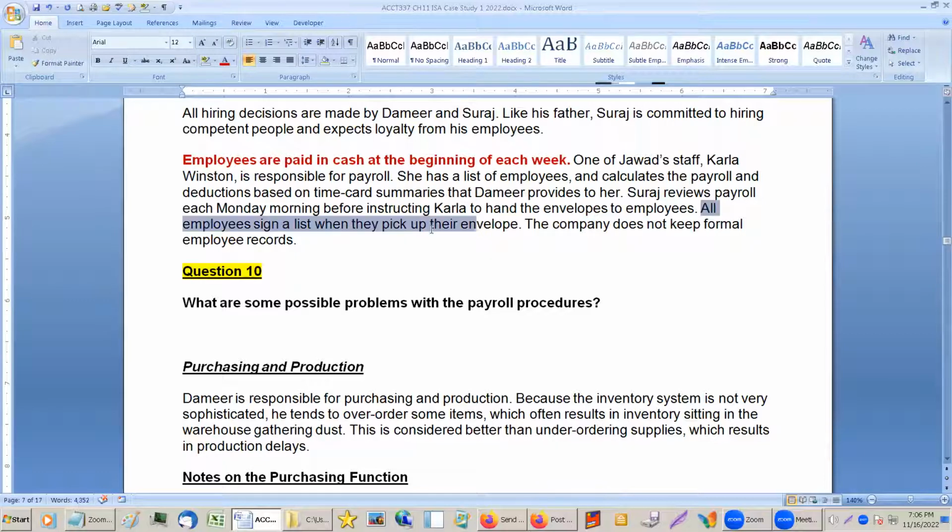Employees sign a list when they pick up the cash. Now, to us, paying employees in cash is a no-no.